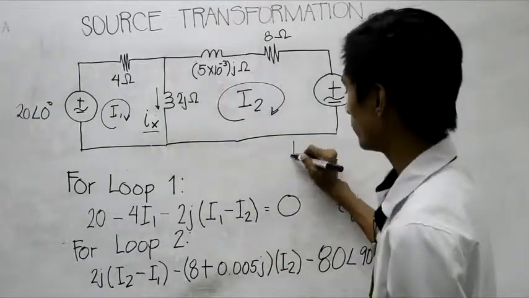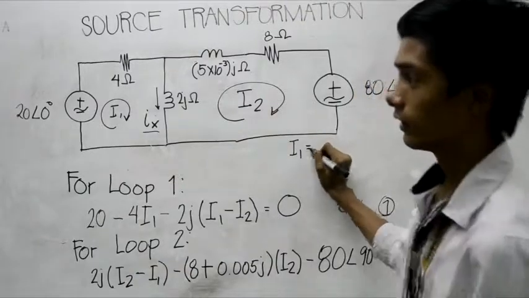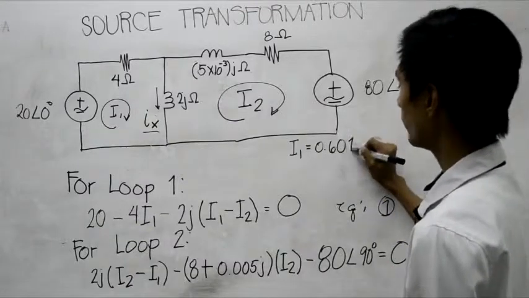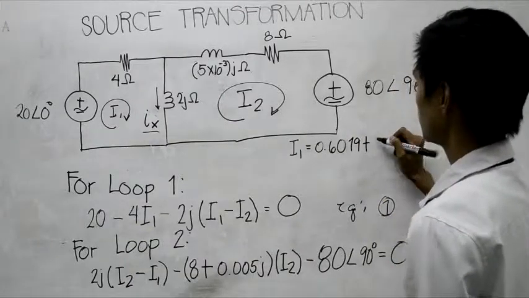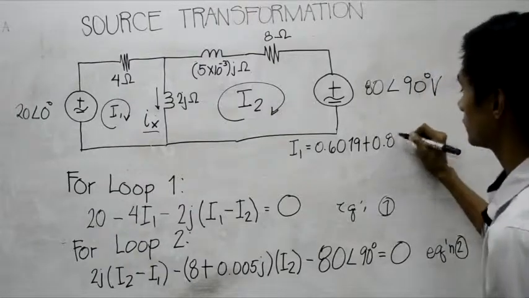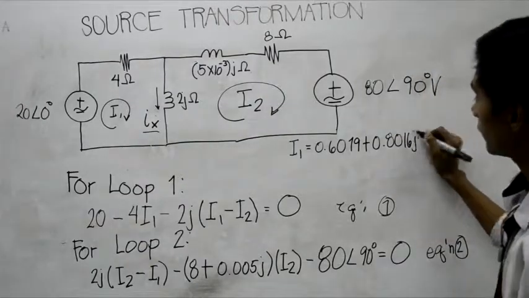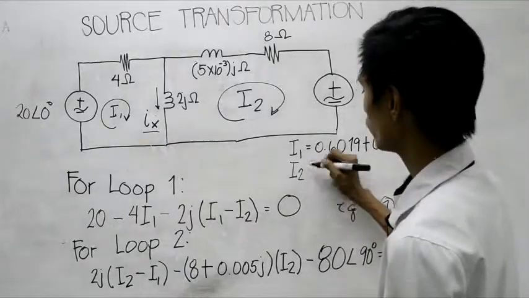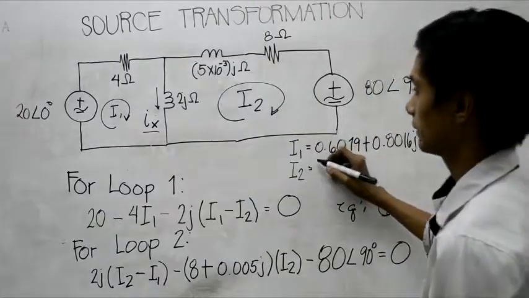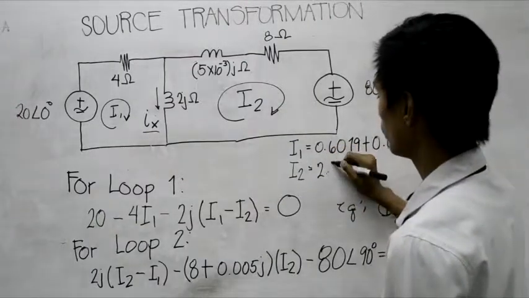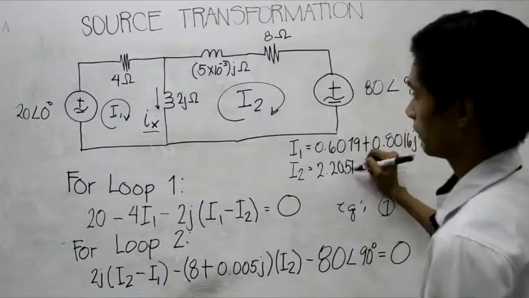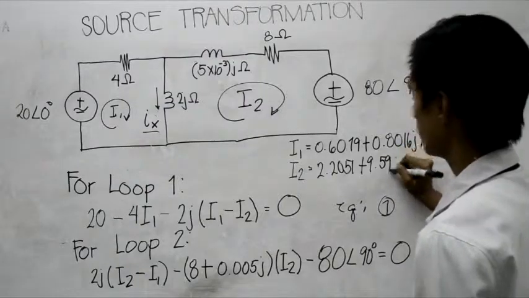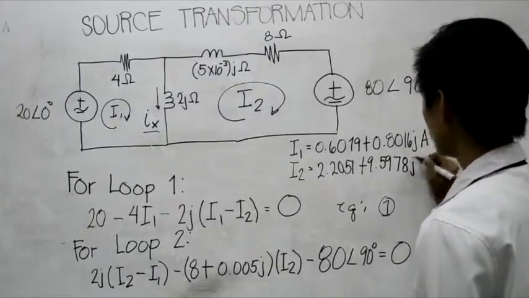So I1 is now equal to 0.6019 plus 0.8016 J ampere, while I2, or the current at the second loop, will be equal to 2.2051 plus 9.5978 J ampere.